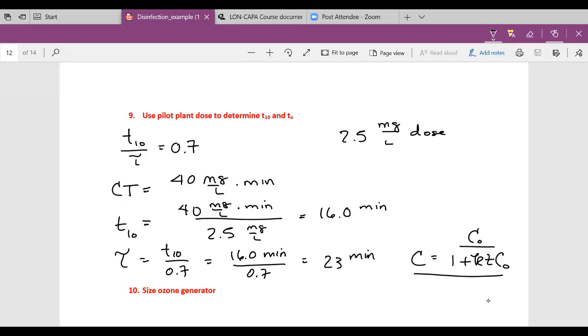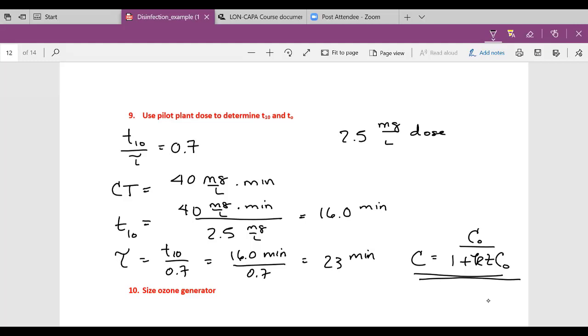So the hydraulic detention time is that T10 divided by 0.7, and that is 23 minutes. So then we'll use the equation for second order decay to determine the C in each of the cells, and that will allow us to then determine what the actual dose needs to be and what our detention time also is required.